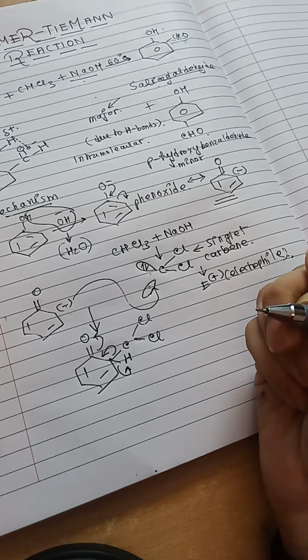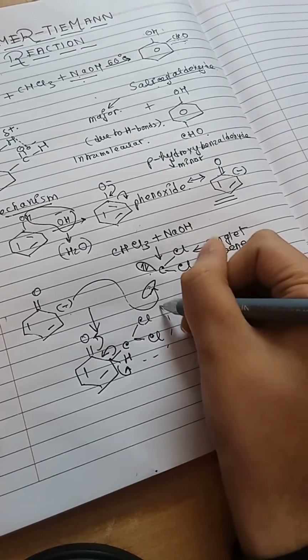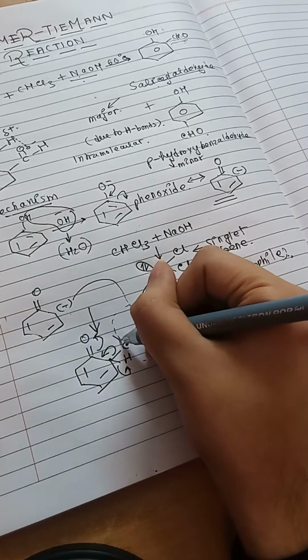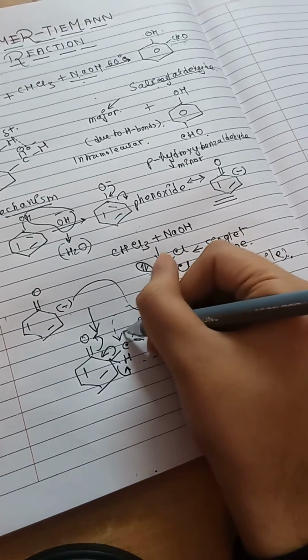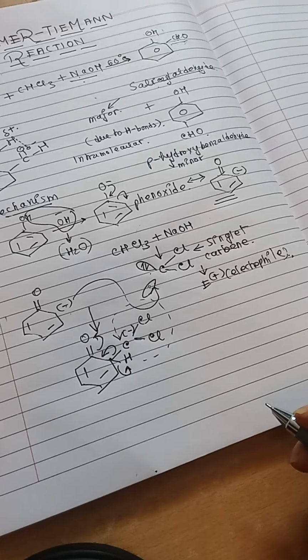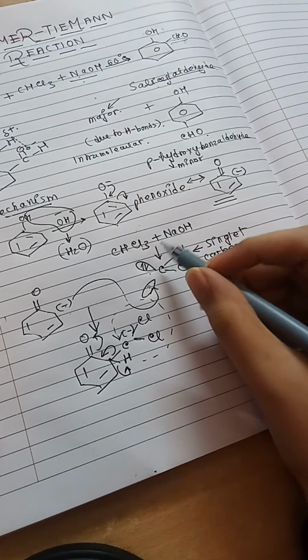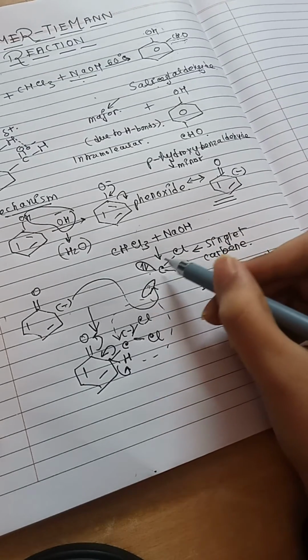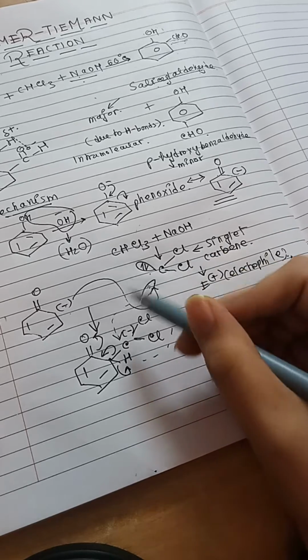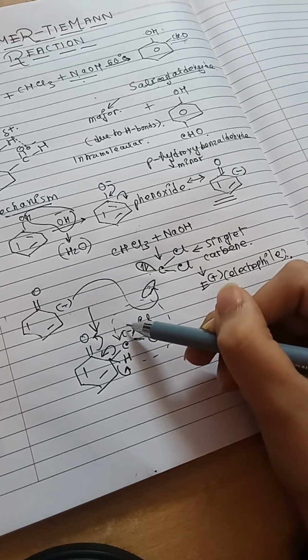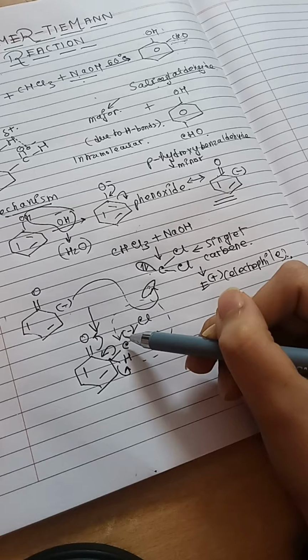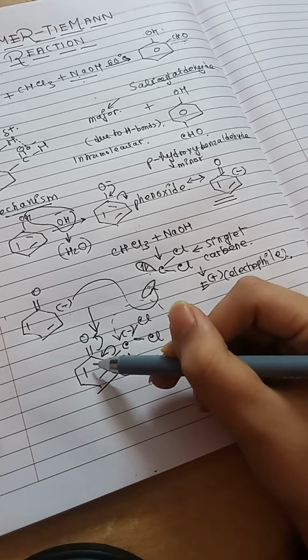This hydrogen will move out and it will be transferred to this carbon because this carbon has a negative charge. Why does this carbon have a negative charge? Because of the presence of this lone pair of electrons. So it has a negative charge over here. So this hydrogen will move on to the carbon to satisfy the negative charge, and this part will regain the aromaticity.